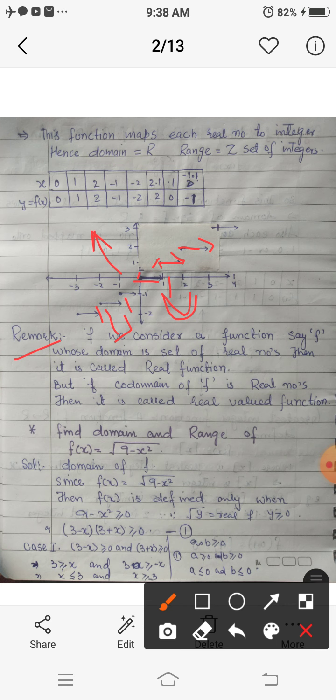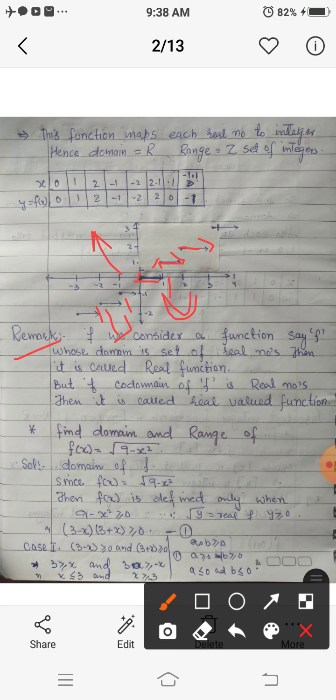One is the real function, the second one is the real valued function. In the previous functions which we discussed, they are all real valued functions because their domain as well as their range were the set of real numbers. That is why they are called real valued functions.